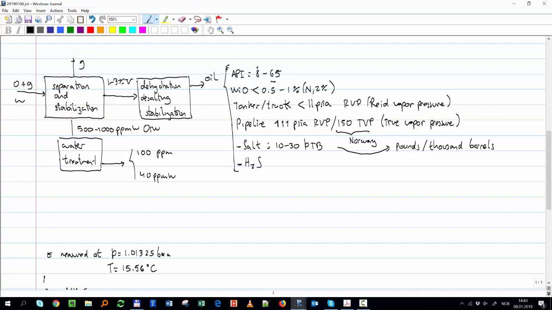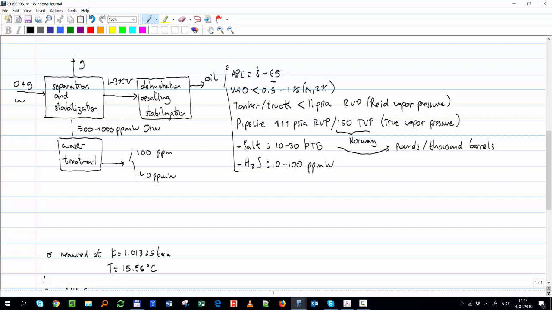But also because of safety, other things, we want to keep the concentration of H2S between 10 and 100 ppm in weight.